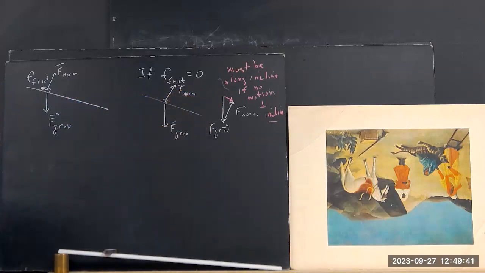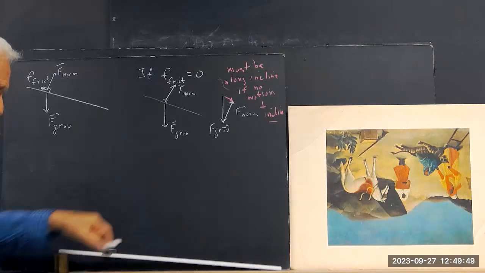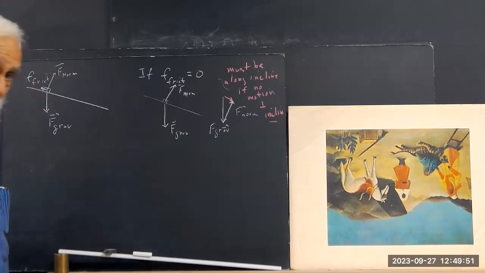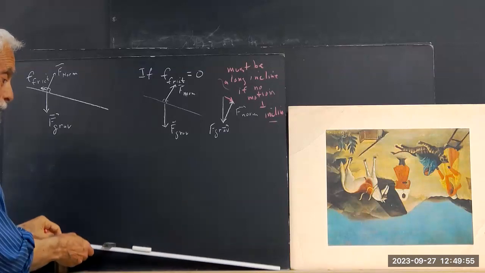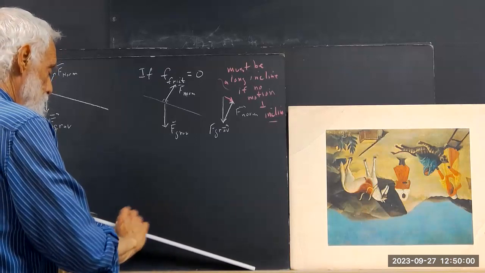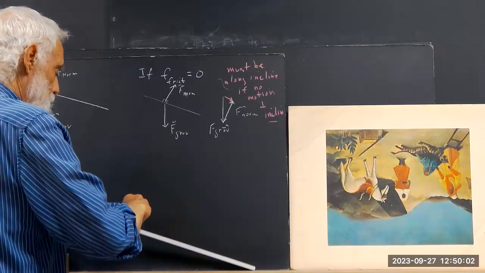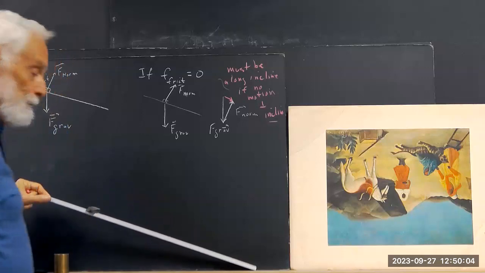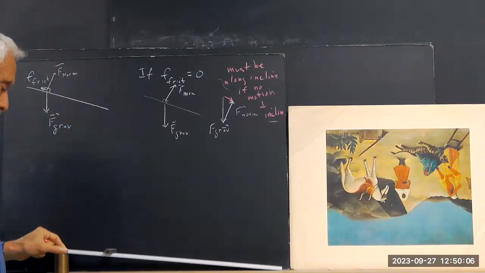Now, if the frictional force is strong enough, then it stays stationary. Okay, put a domino there. Okay, the domino doesn't slide. Now, if I make the incline steep enough, the domino will slide. Okay, the magnet won't.